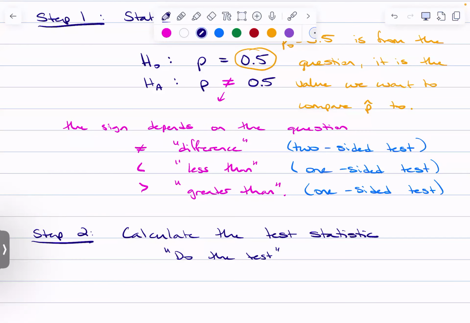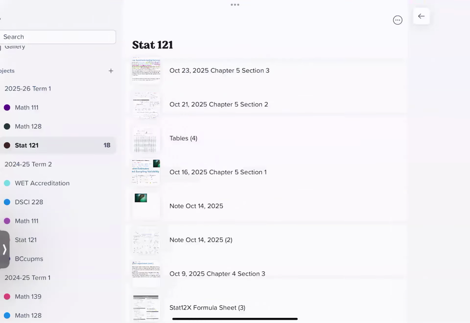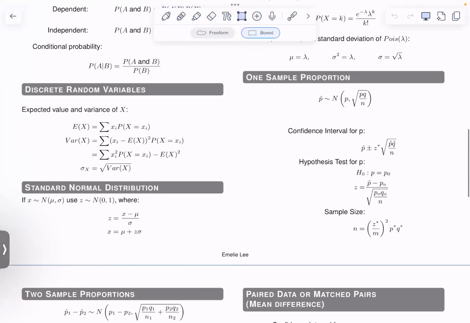Don't really know what that is. If you had to kind of take a stab at it, knowing that we need to eventually find an area under the curve, then maybe calculating a Z is a good place to start, right? And so that's on your formula sheet. I'll grab it here.